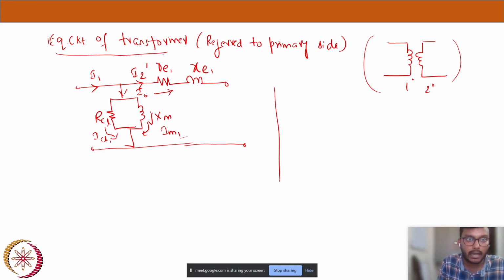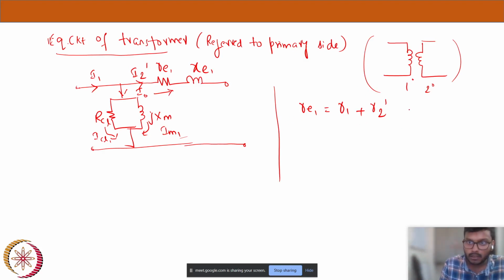Now we see here RE1 is equal to R1, that is primary side, and R2 dash. R2 dash means the secondary resistance referred to primary, because we are drawing the entire equivalent circuit referred to the primary side.